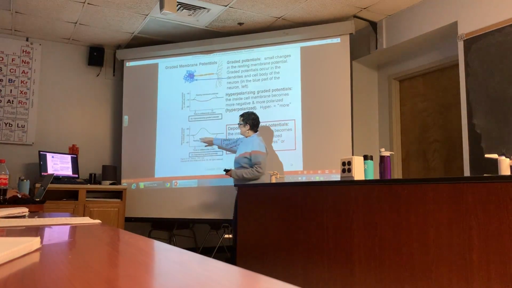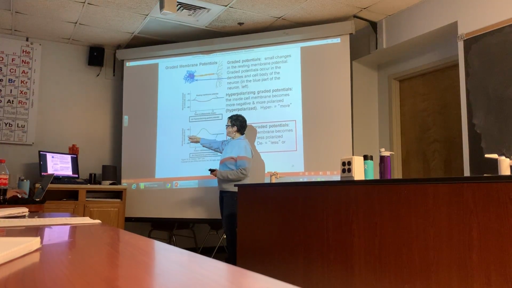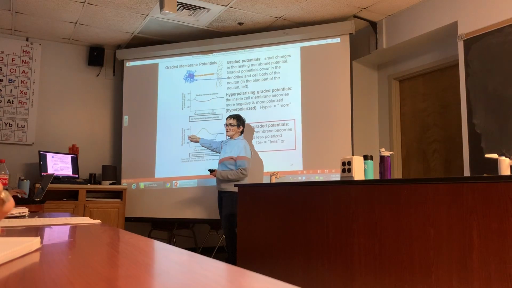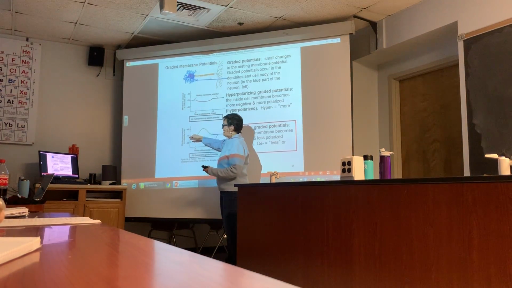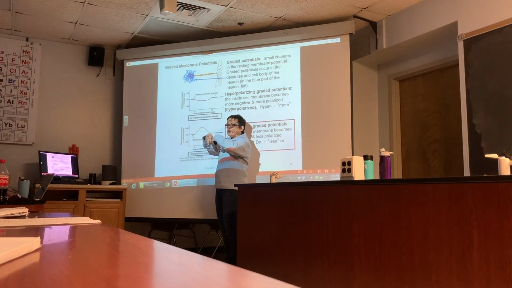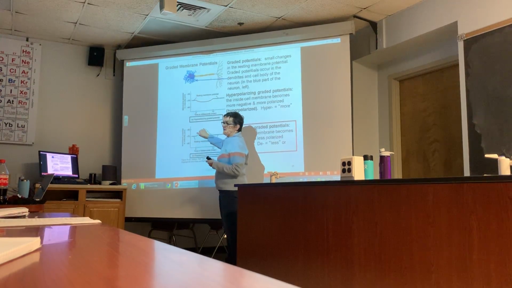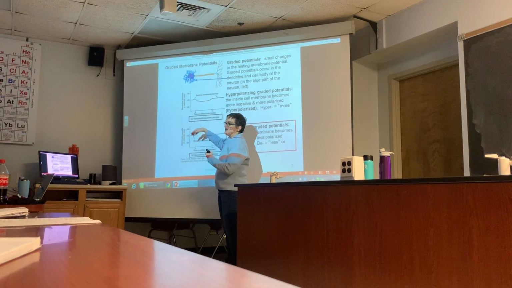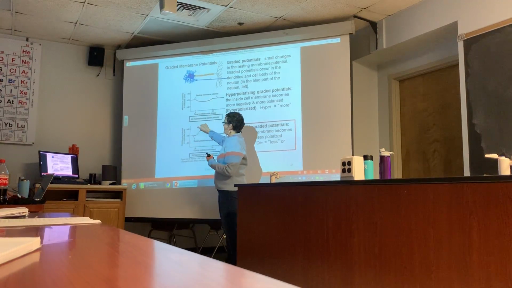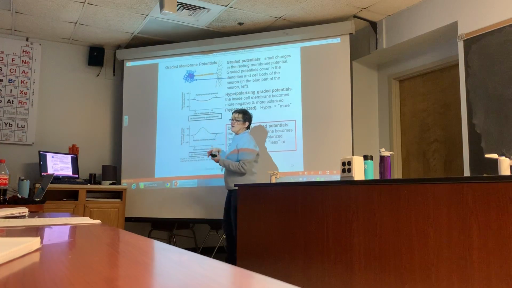In other words, you're starting at -70, and then when you stimulate the dendrite or the sensory cell, you open up ion channels that bring in sodium or calcium ions, and that raises the potential up to -60 or some number like that. If you get it up to -55, then that reaches threshold and you can generate an action potential at that point.